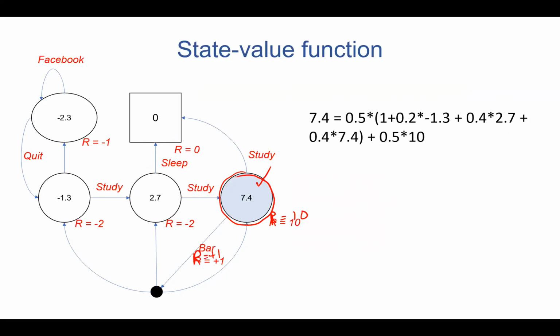I think there was a reward of 10, and then there's a 20% probability that you will get to class 1 from the bar, 40% probability that you will get to class 2 from the bar, and then there is a 40% probability that you will get back to pass. Now I calculated the value of 7.4.